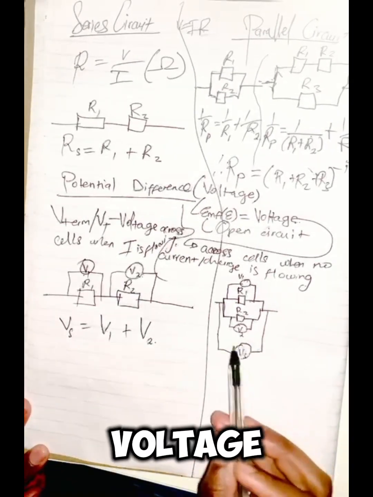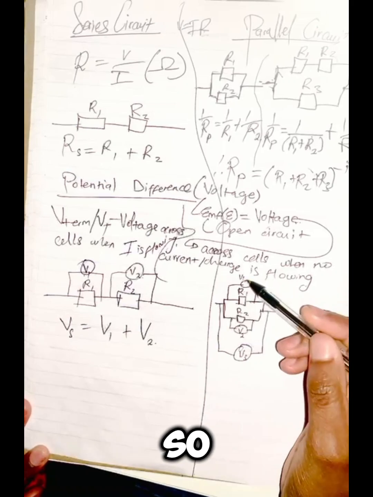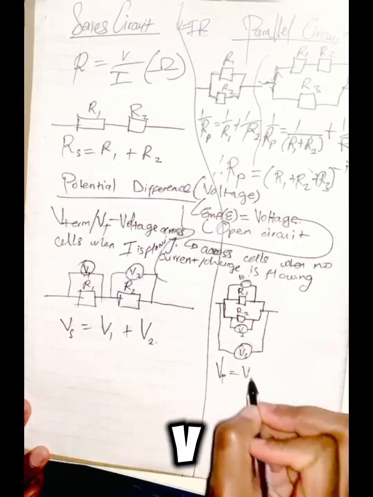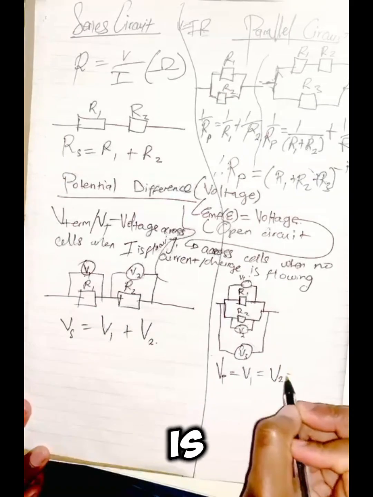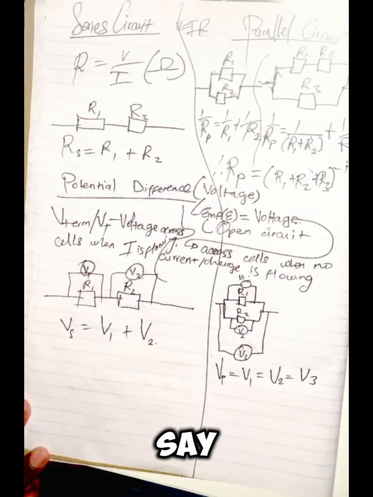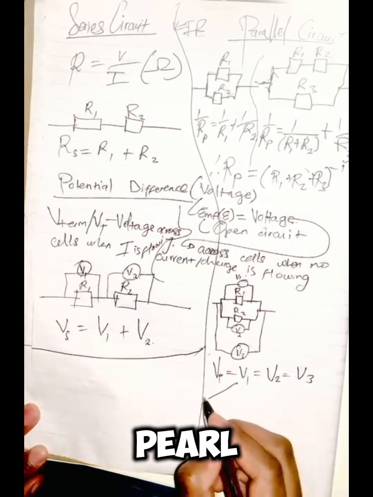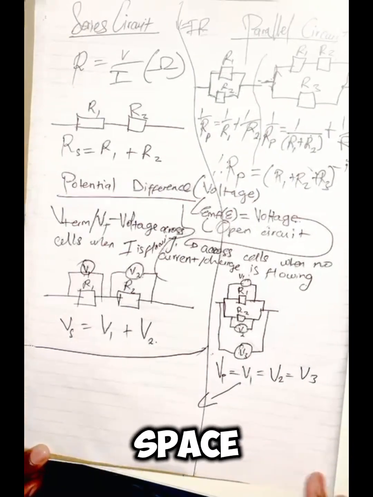So this voltage is in parallel. So for parallel voltage, we say that V in parallel must be equal to V1, which is the same as V2, which is the same as V3. You'll forgive me, this is also for parallel. It's coming this side because there's no space here anymore.